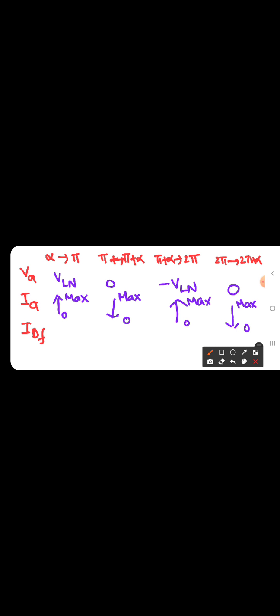So here it will be 0, here it decreases from maximum to 0, and here also 0 and then decreases from maximum to 0. Now based on this information, let us draw the graphs.